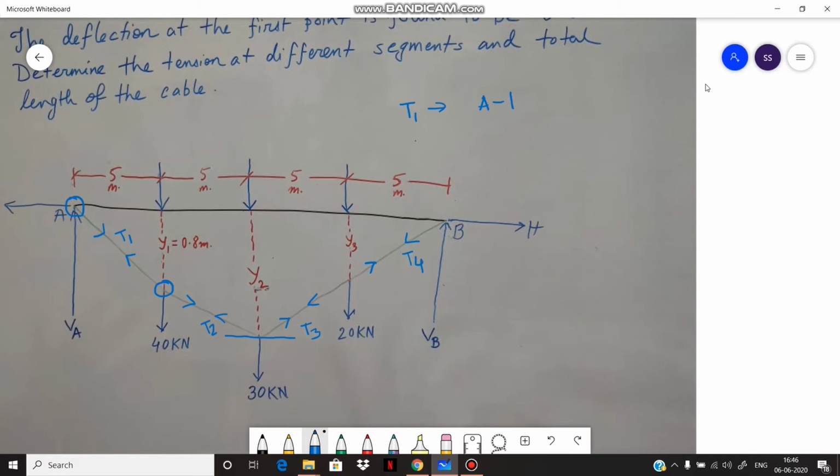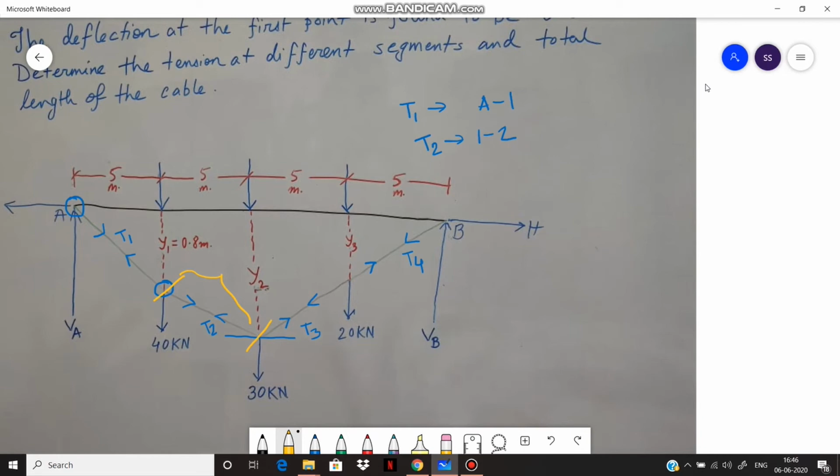And let us take tension T2 at segment 1, 2. That is between this point and this point. This is the segment 1 and 2.